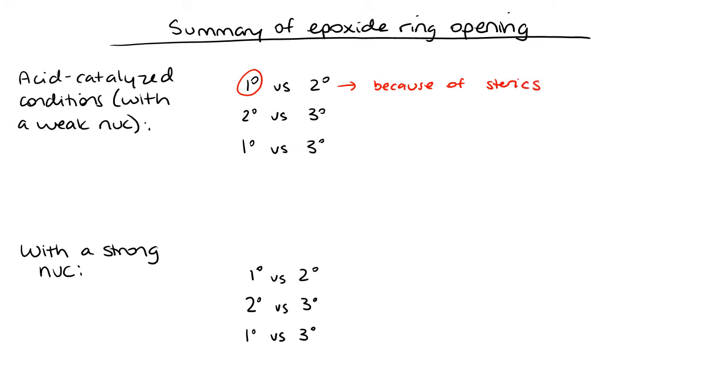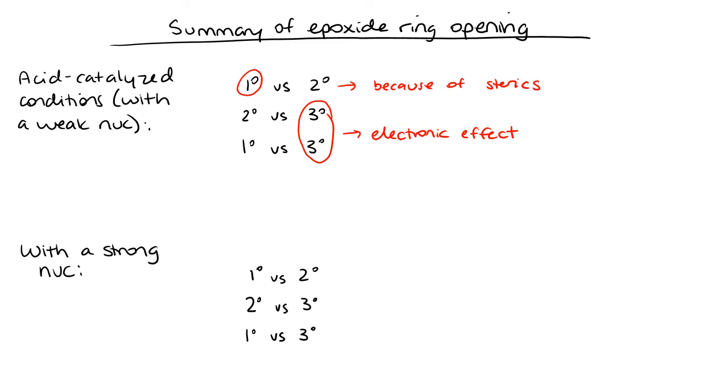The electronics of a primary versus a secondary carbon are not that different, so the nucleophile is going to go to the carbon that's most easily accessible. However, when we're dealing with secondary or primary versus tertiary carbons, the nucleophile will always go to the tertiary carbon. That has to do with the electronic effect. And that's because a tertiary carbon provides a much more stable partial positive charge, which makes it a stronger electrophile.